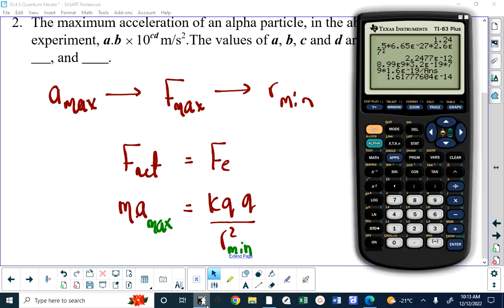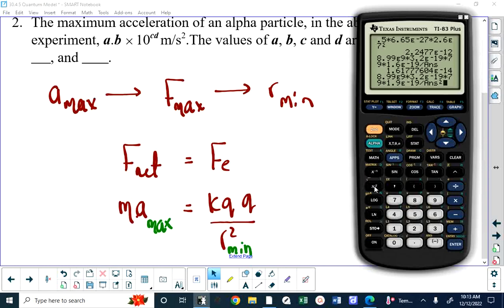And that will be the acceleration at that point. So k is 8.99 multiplied by 10 to the 9 times the charge of an alpha particle, which is 2 elementary charges, times the charge of the gold nucleus, which is 79 elementary charges, divided by my answer squared. And this is going to be the force in newtons.